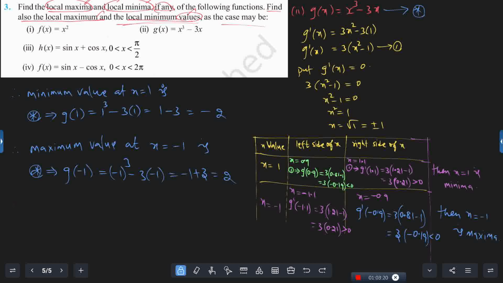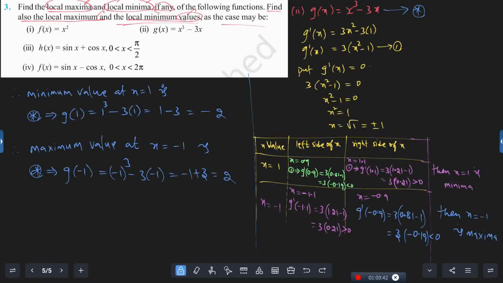So minus 2 is the minimum value, plus 2 is the maximum value. That's it. Do it very carefully, first and second question. If you go by the second derivative also, they will accept. I did by first derivative.